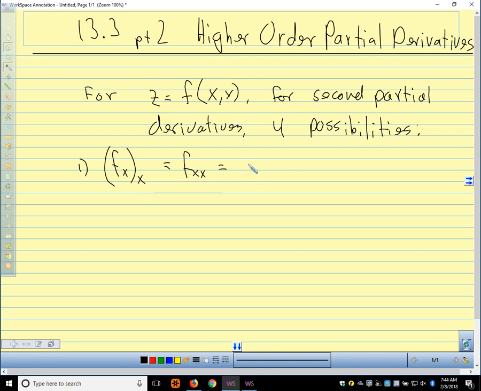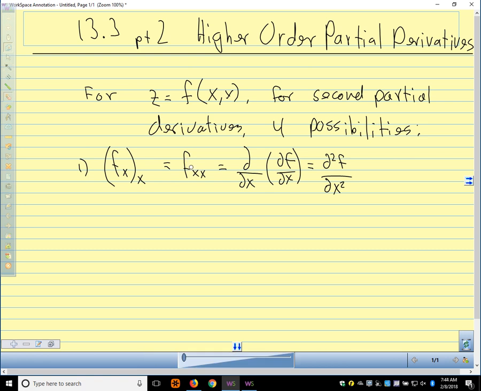With differential notation, we're taking the derivative with respect to x of the derivative with respect to x, and we write that ∂²f/∂x². These are the curvy d's, because we're talking about partial derivatives. So we take the partial derivative of f with respect to x, and then we take the partial derivative with respect to x again. So that's notated either f sub xx or ∂²f/∂x².